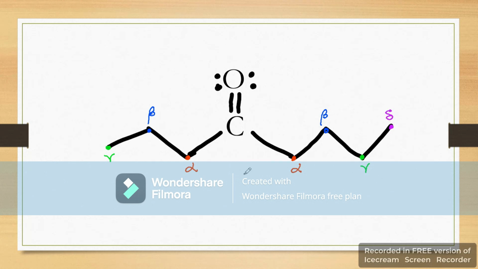But this is a convenient way of numbering carbonyl compounds, so that when we refer to alpha, we immediately know that it is the carbon adjacent to the carbonyl carbon. In aldehydes, there is alkyl group maybe only on one side, so you still have alpha, beta, gamma on that side. In ketones, you are having on both sides, so you can number them as alpha, beta, gamma, delta, etc. on both sides of the carbon.